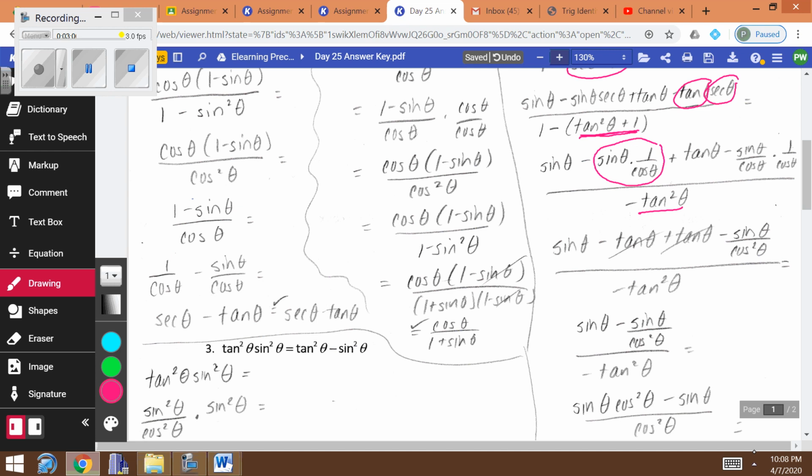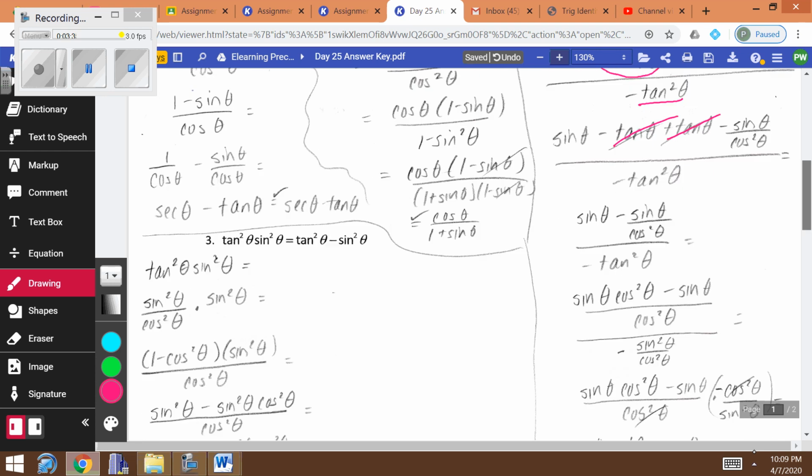Quite honestly, I could have absolutely changed this tangent right here to sine over cosine. I don't really know why I didn't. Either way, this is negative sine over cosine or negative tangent, and then this is the positive tangent, or positive sine over cosine. Either way you did it, those are going to cancel out right there. So then I'm left really with the sine minus the sine over the cosine squared.